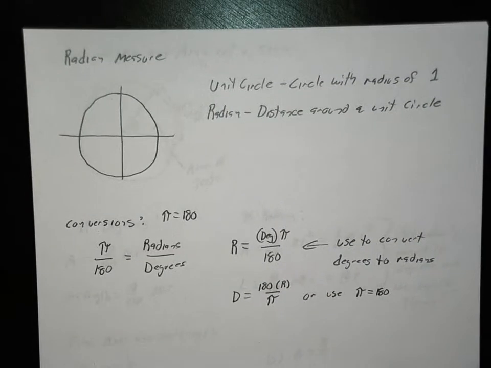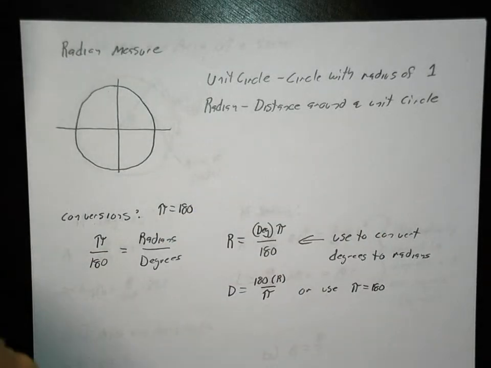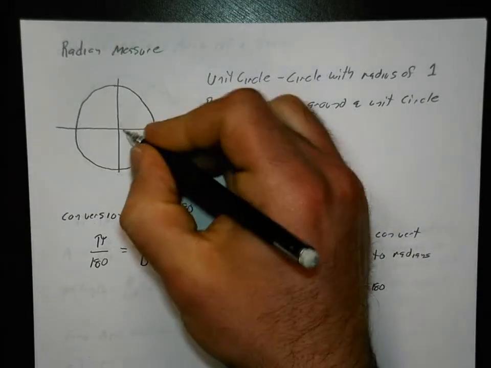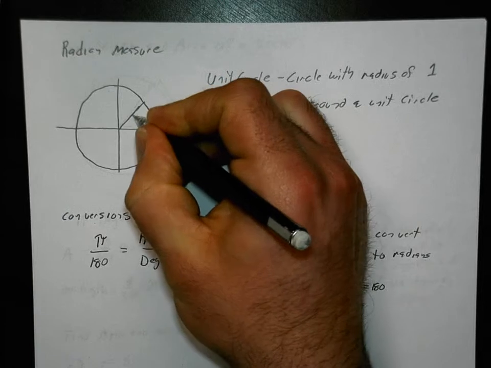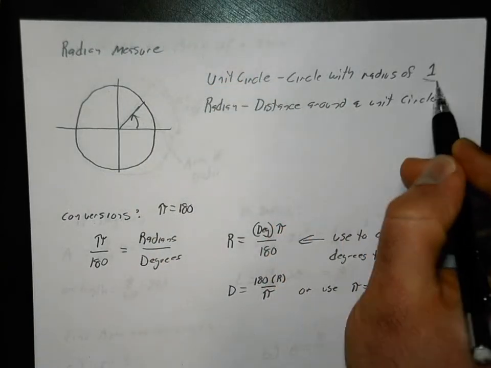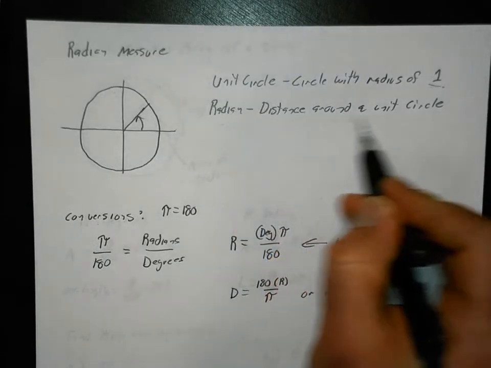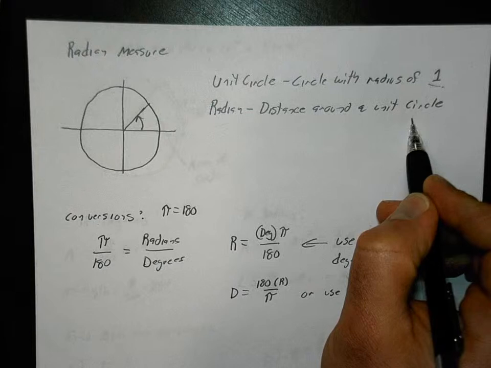Okay. All right, let's move on to radian measure. Okay, what I have drawn here is a unit circle. Okay, a unit circle is a circle with a radius of 1. Okay, a radian is the distance around a unit circle.